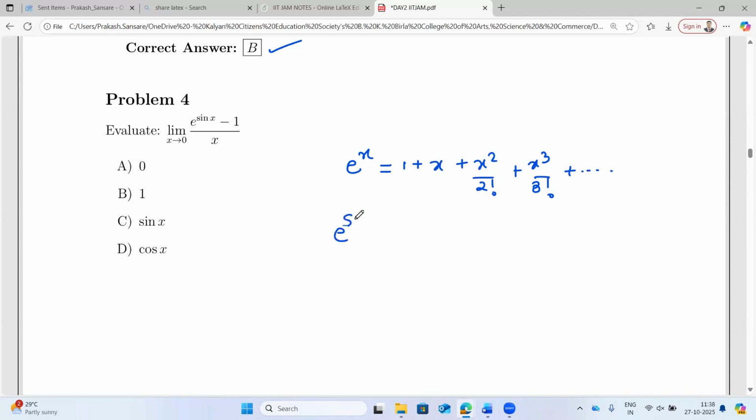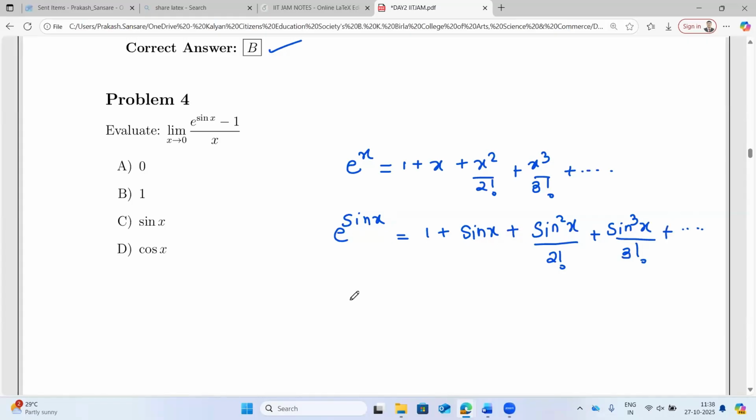So e power sin x is equal to 1 plus sin x plus sin square x upon 2 factorial plus sin cube x upon 3 factorial plus dot dot dot.